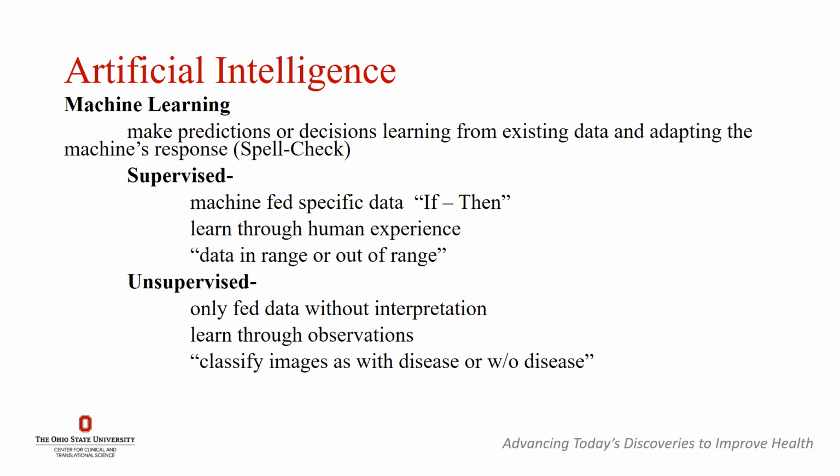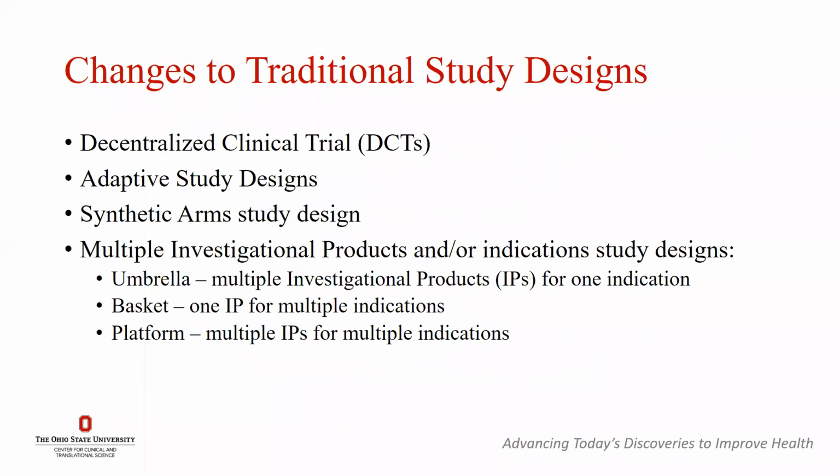I also want to talk just briefly about some of these changes that are coming to our traditional study designs. You've heard a lot about decentralized clinical trials. And what exactly does that incorporate?